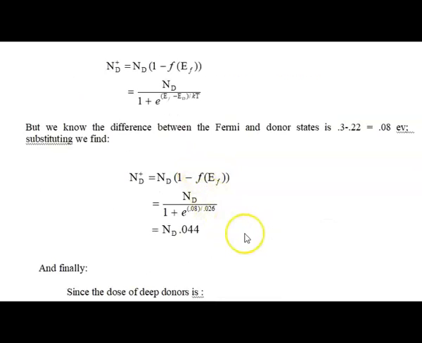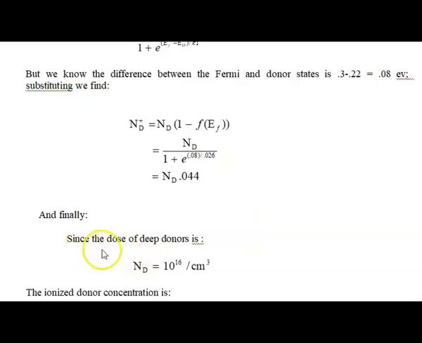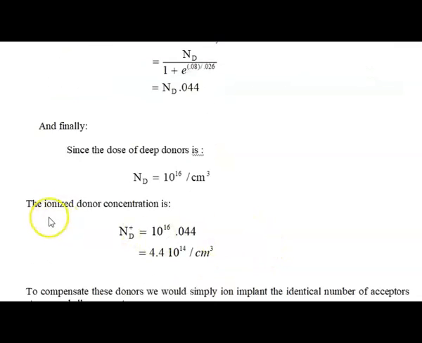Well, from this point on, it's pretty straightforward. The dose of deep donors is 10 to the 16th, and therefore the ionized donor concentration is the dose ND multiplied by the probability, or 4.4 times 10 to the 14th.